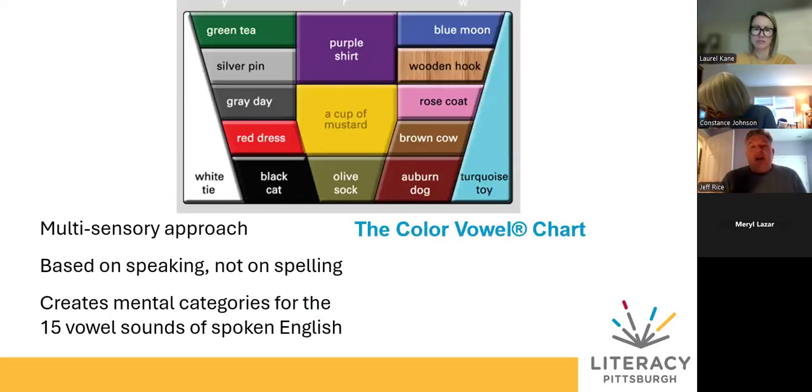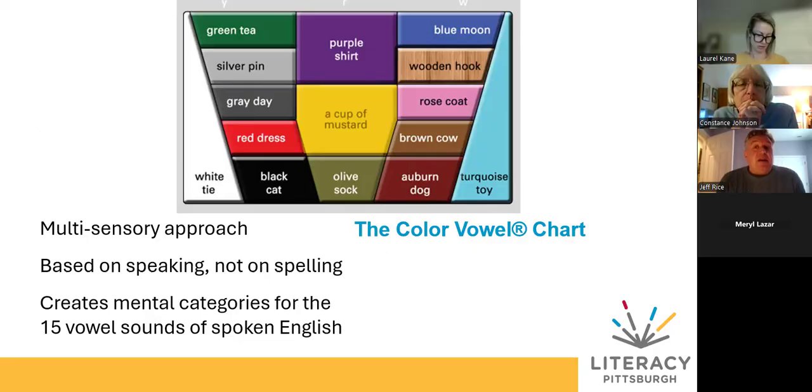So that's where the color vowel chart comes in. It provides a multi-sensory approach. You have the colors, the sounds. It's based on speaking, not on spelling, so we don't want to be talking about different spelling rules.